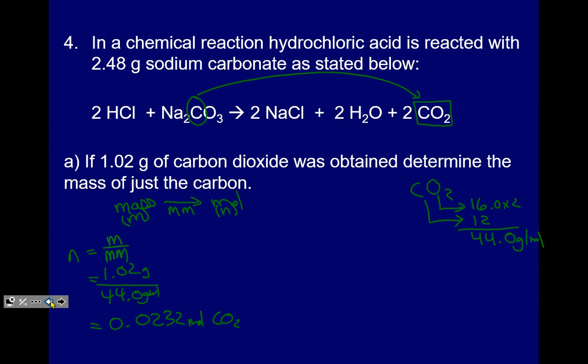Now, from this, we can get moles of C. And we've learned how to do this. That's why this is a nice lab. It puts everything in that we've done. If there's 0.0232 moles of CO2, and I just want the moles of carbon, I had to multiply by something in order to determine how many carbons there were. Yeah, what do you think?